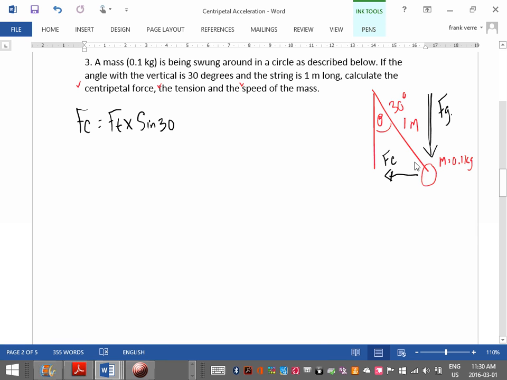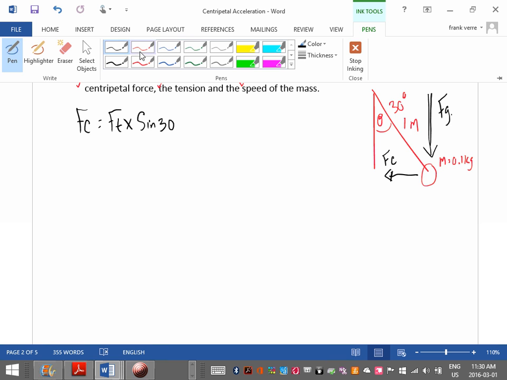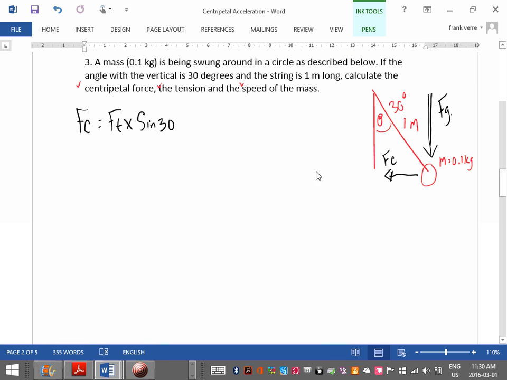Now, actually there is another force. If you look at this diagram, there has to be another force, pointing which way? Remember, we're looking at the object from the vertical, not top down.